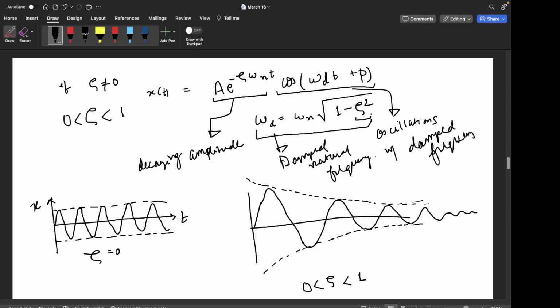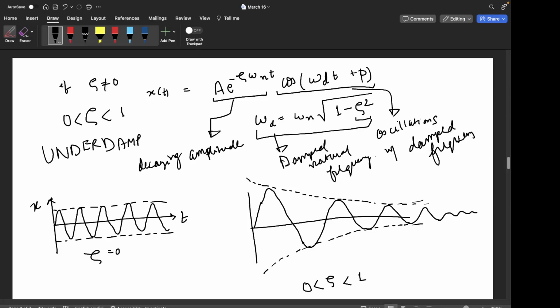So omega_n is multiplied by a number less than 1, so omega_d is less than omega_n, right? And since omega_d is less than omega_n, the frequency of the oscillations is also lower. So now the system is oscillating at a lower frequency, and also the amplitude of the oscillations is dying down with time. Any doubt in this case? This is the underdamped case where there are oscillations but the oscillations die down because of damping.